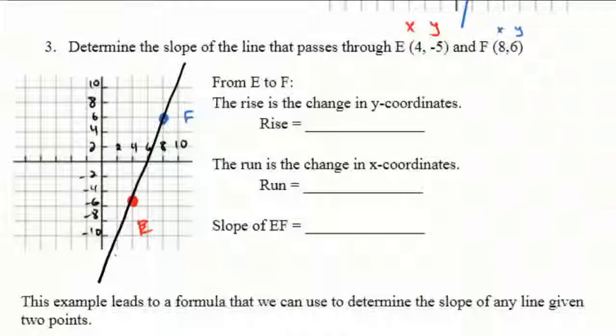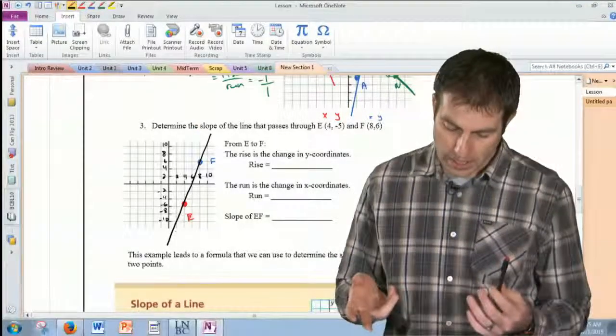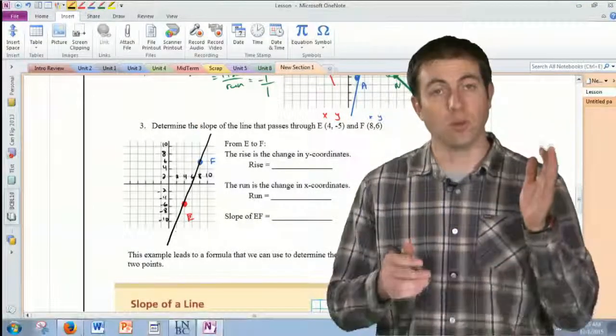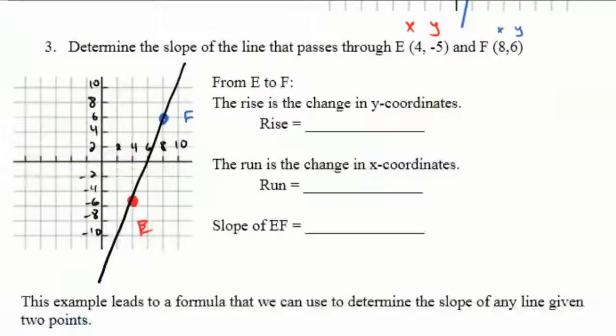So it's asking me for the rise, and then it's asking me for the run. From E to F, what's the rise? So E is on the left, F is on the right. We're going to go from left to right. Let's see what we can do here. If I go from E, I'm going to go up. Up 1, 2, 3, 4, 5, 6, 7, 8, 9, 10, 11.